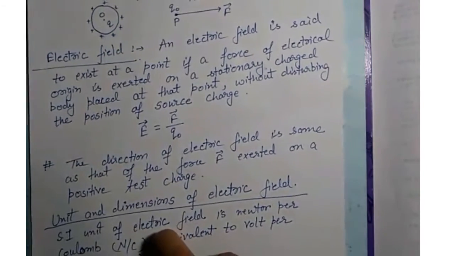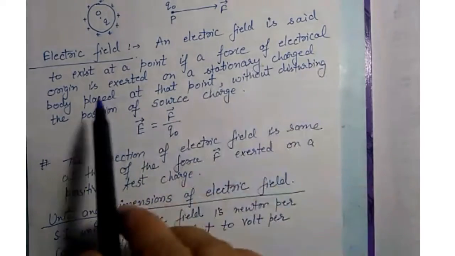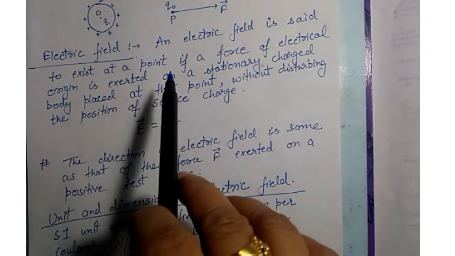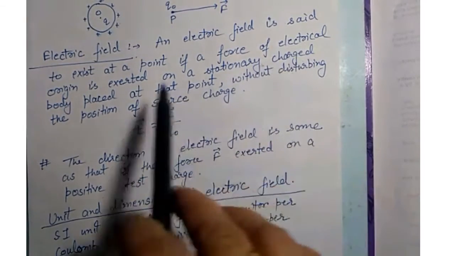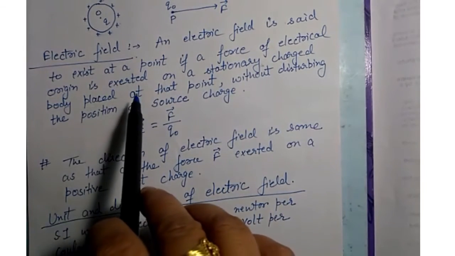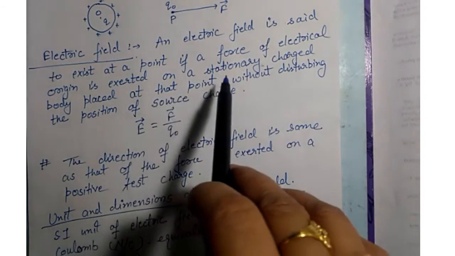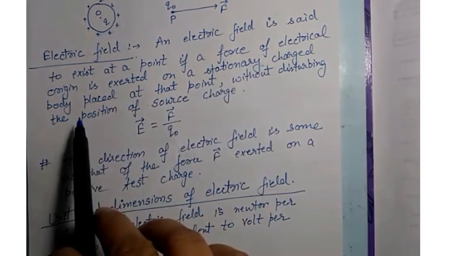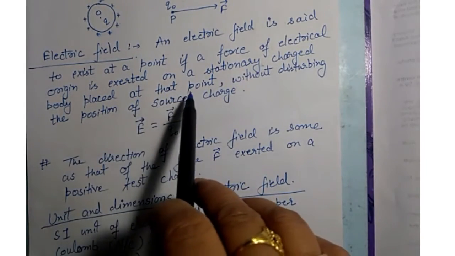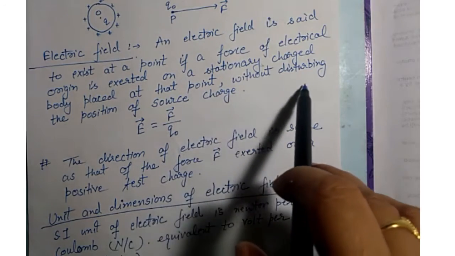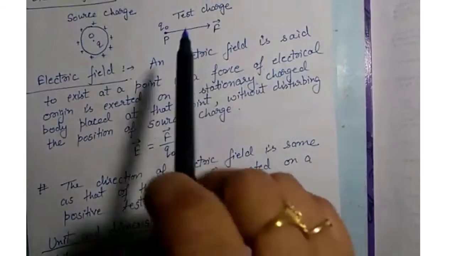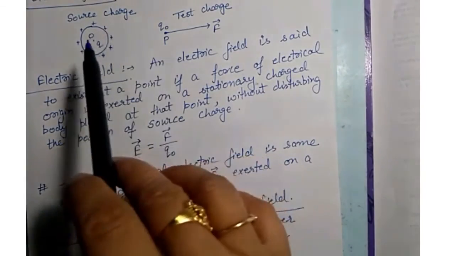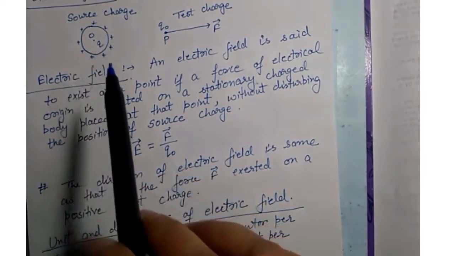Hence, the electric field is said to exist at a point if a force of electrical origin is exerted on a stationary charged body placed at that point without disturbing the position of the source charge. So this is our test charge and this is our source charge.